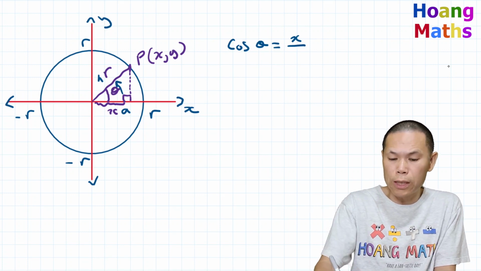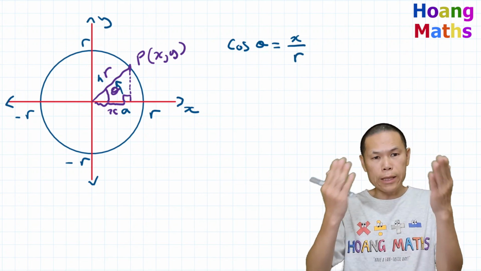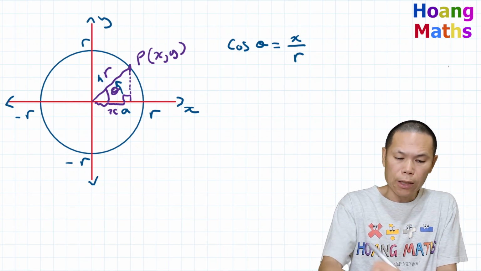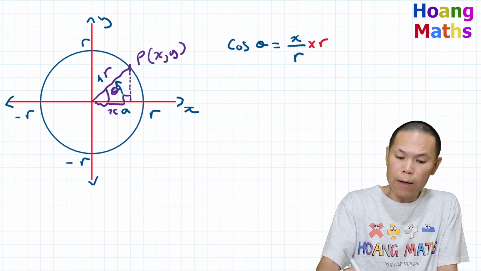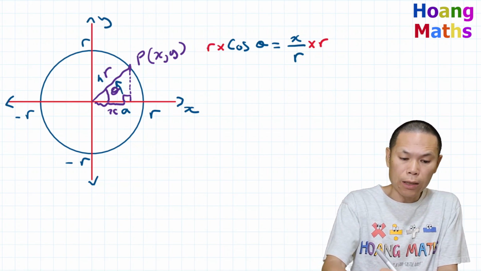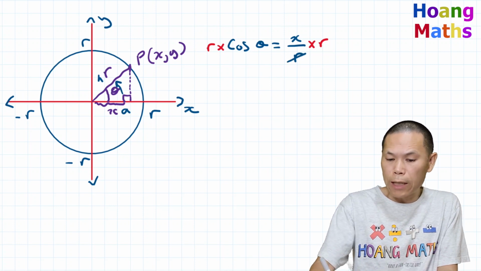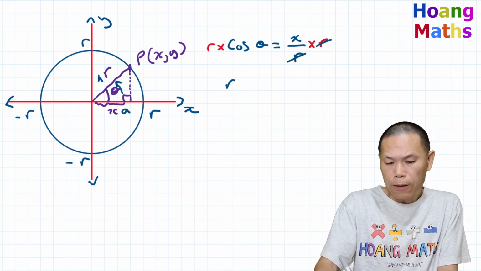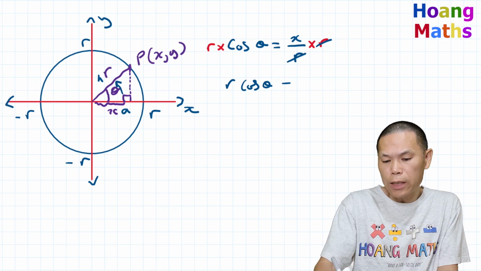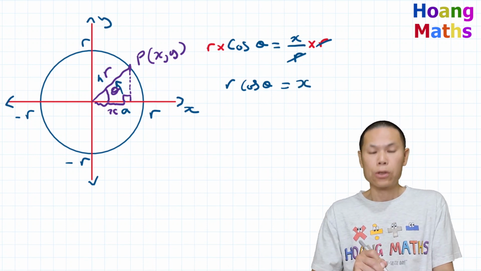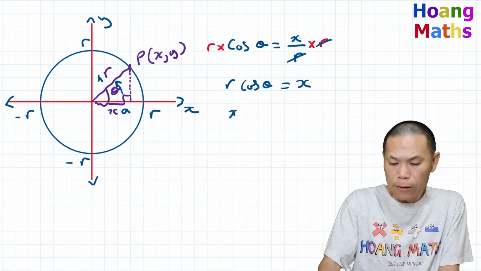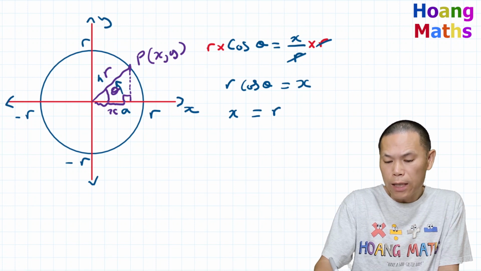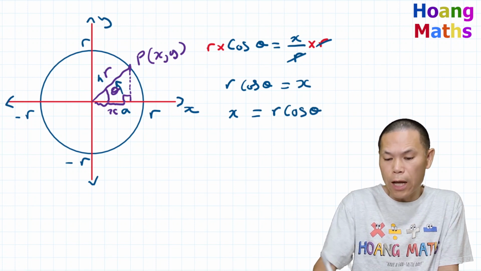The hypotenuse is the radius. I can times r on both sides, so this cancels with this, and r cos theta is equal to x. So there you go. That is x is equal to r cos theta.